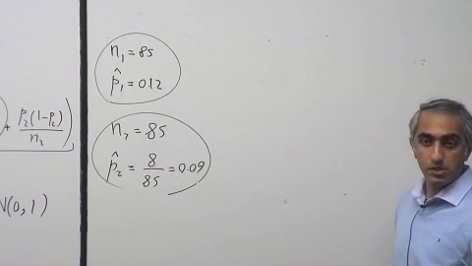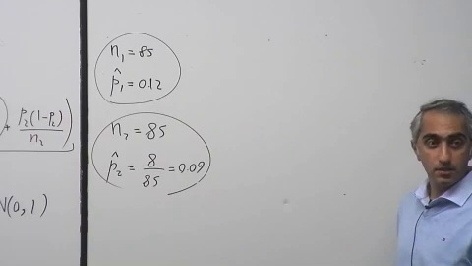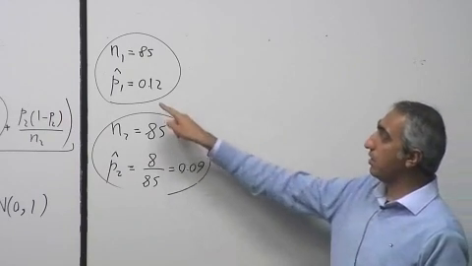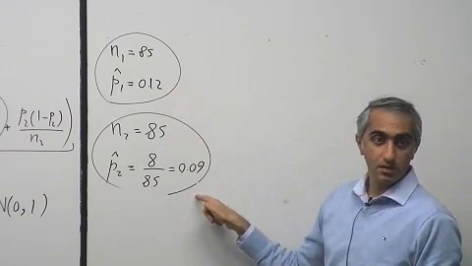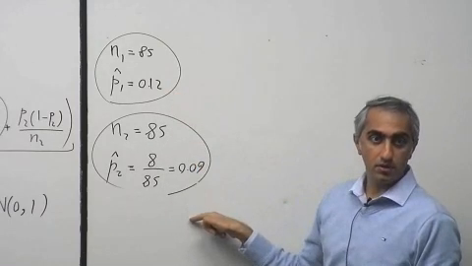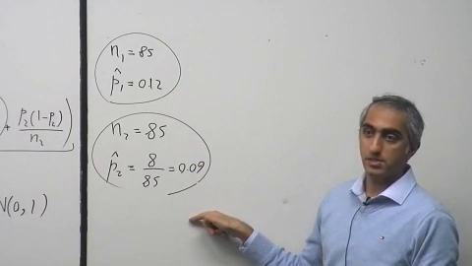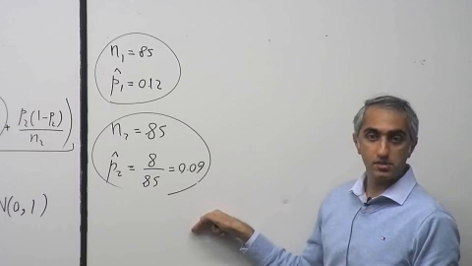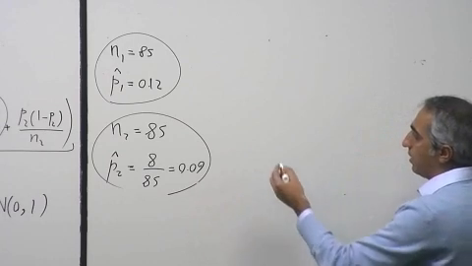But the question is, can I claim this statistically? Because I know that I cannot rely on point estimates. I need to use a confidence interval to draw a statistical conclusion. Does it make sense? Now, what should I do?